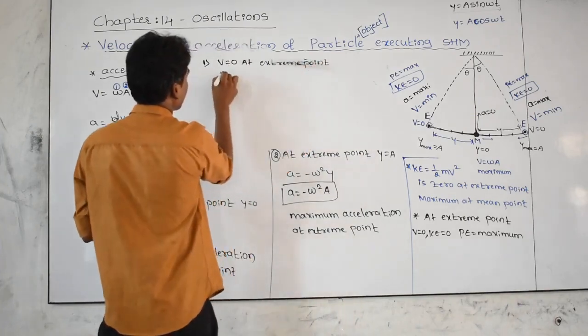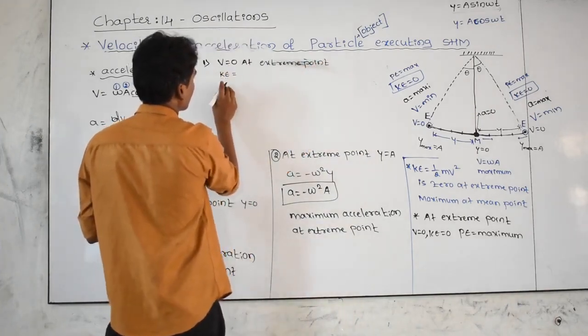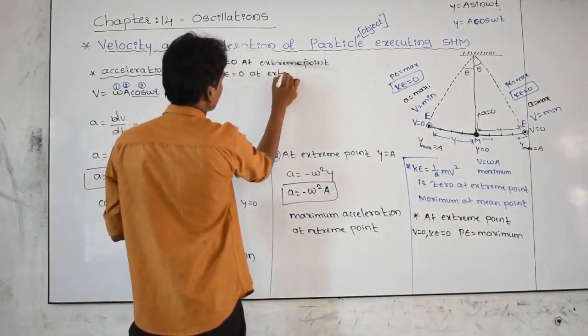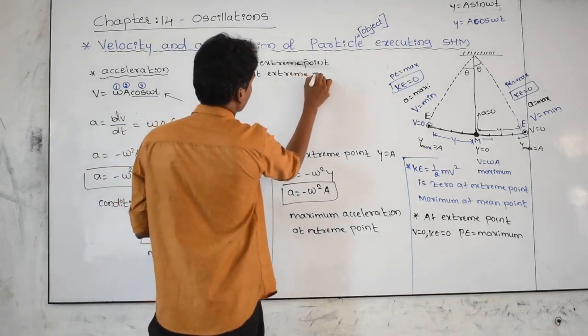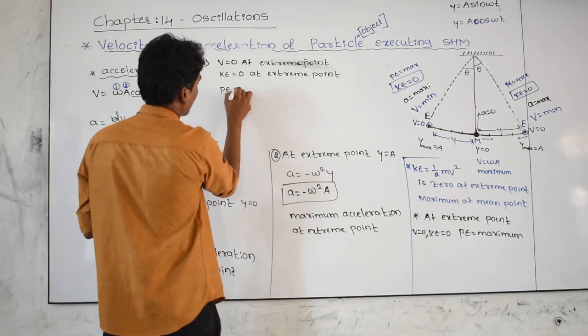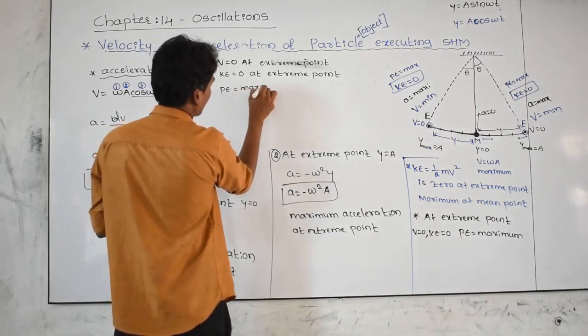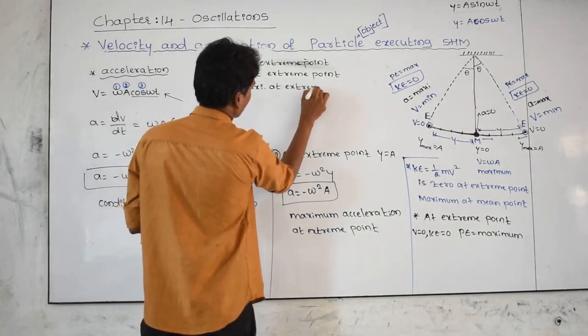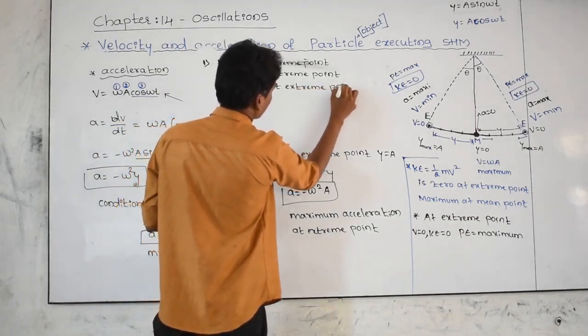Therefore kinetic energy is equal to 0 at extreme point, and potential energy is equal to maximum at extreme point. This is the first condition.